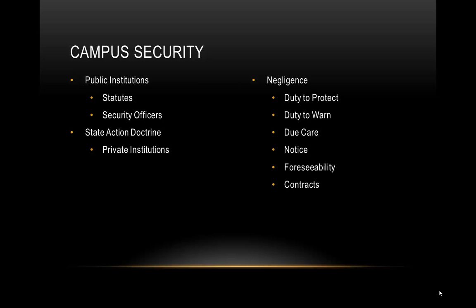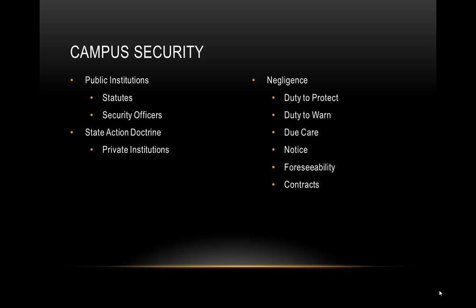They also have a duty to warn their students in the event of danger. So if there's an active shooter and they take no action to warn their students, then they can be held negligent and liable for damages. And a lot of this started evolving out of the Virginia Tech case because of their failure to warn students of the dangers.